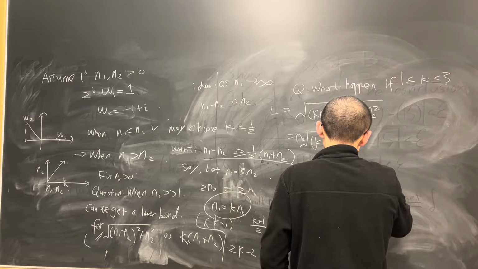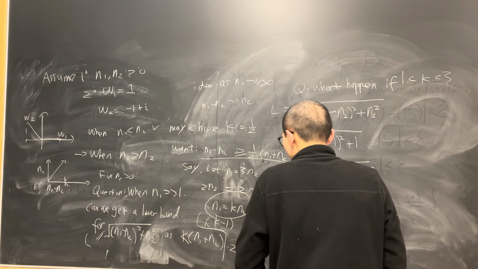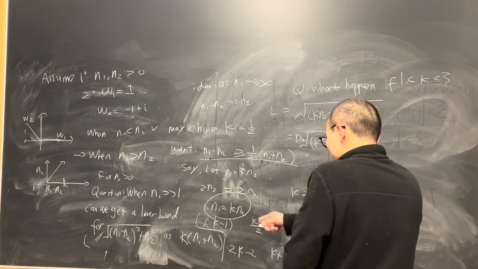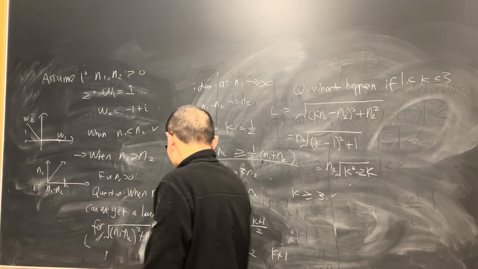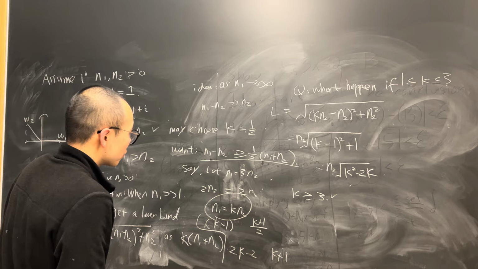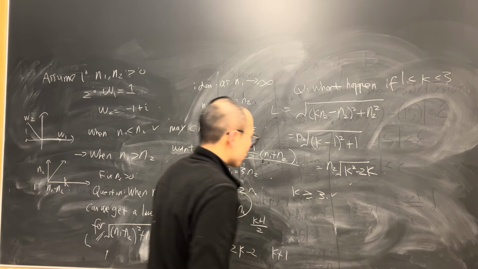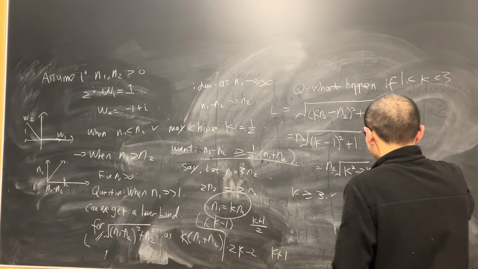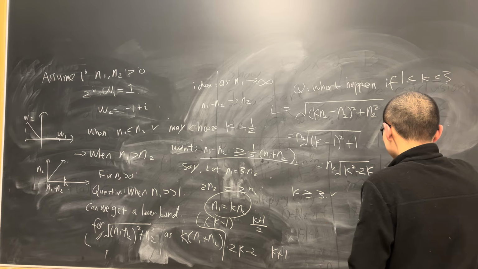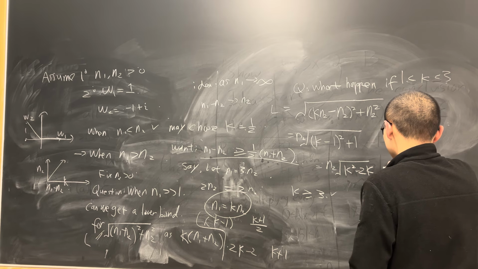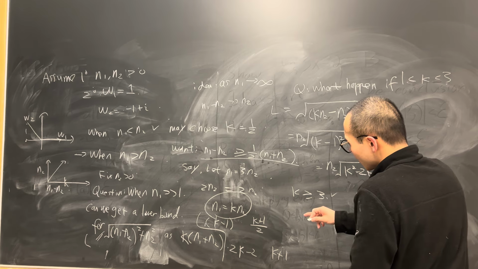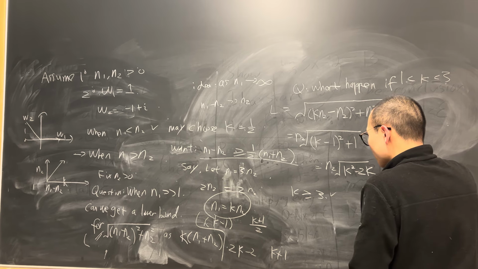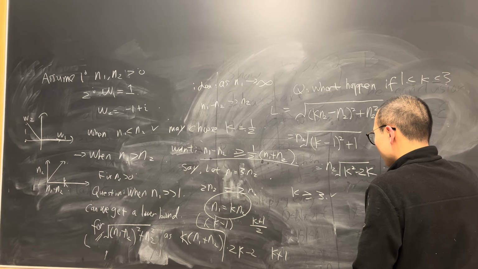k squared minus 2k, right? Oh, yeah, sorry, I think I shouldn't use k because I'm using the k for this one. Okay, never mind. So maybe I'll just use another letter later, okay.